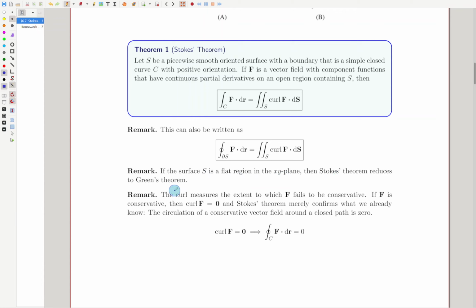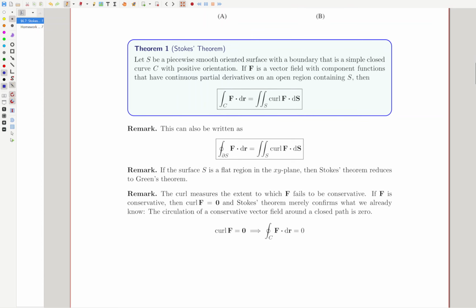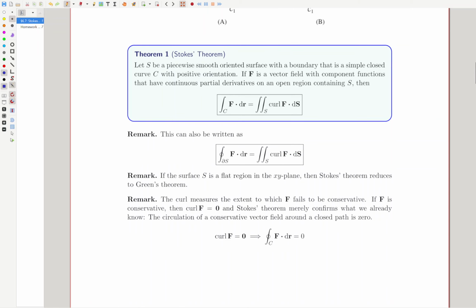The book goes into how to see this, but it boils down to noticing that this is equal to the double integral of the curl of F. Once you start to insert the parameterization, you kind of get halfway through, and you have this unit normal vector.